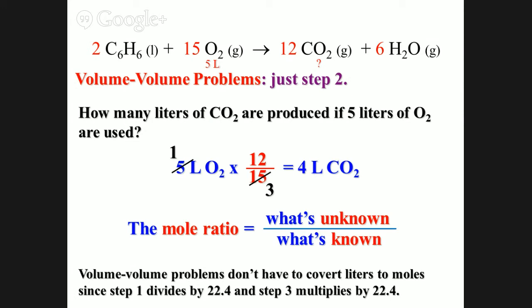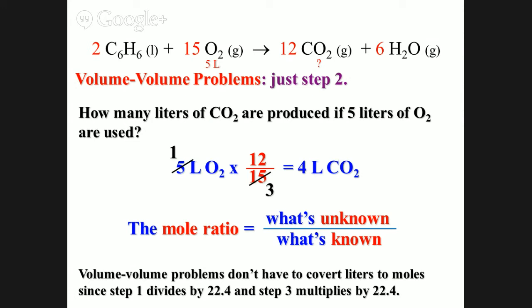But that just means step 3 undid what step 1 did. Divide by 22.4 and then turn right around and multiply by 22.4. Why do the extra work? So we can just take a shortcut and just do step 2, the mole ratio.